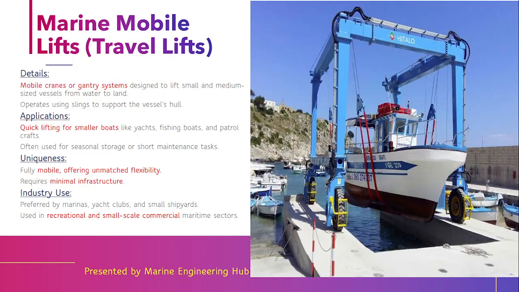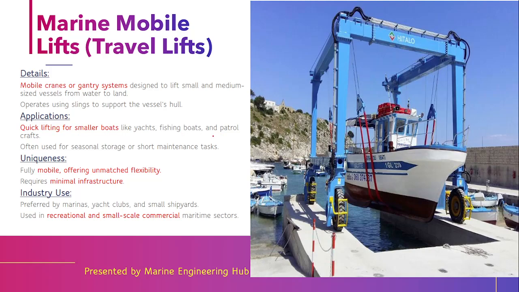Now this is the last type, that is a marine mobile lift, that is known as travel lift. As you can see, it basically consists of a mobile crane or a gantry system which helps to pull a small type of ferry boat out of the water. Okay, so the application is that it's very quick lifting for smaller boats like yacht, fishing boat or patrol craft.